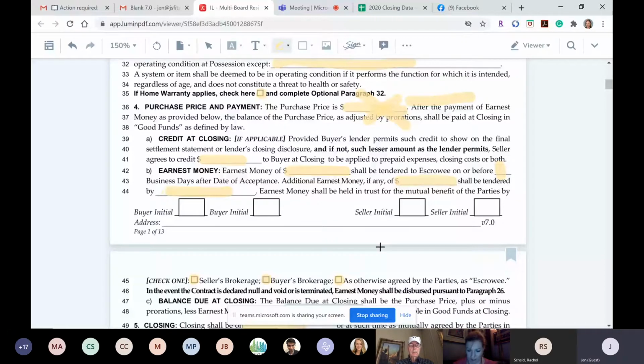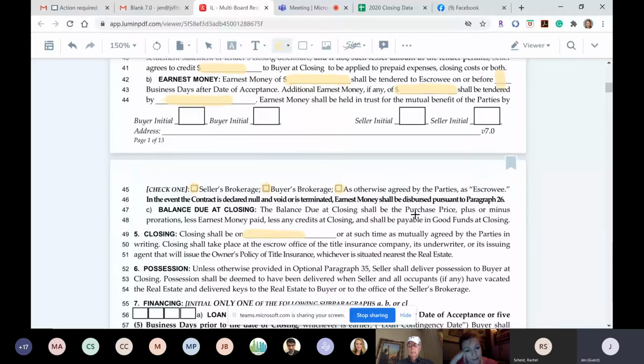And we don't do that until you've had an inspection and we've maybe asked for some repairs or some credits based on what that shows. So after all the dust has settled, the attorneys have reviewed it, they've sent letters back and forth, and then they'll send you a note saying, we have a final contract. And that's when earnest money will then be due 2 business days thereafter, or 3 business days thereafter, whatever you've indicated here.